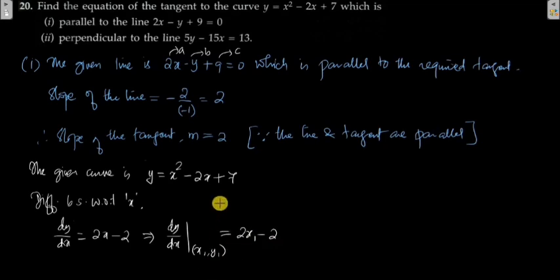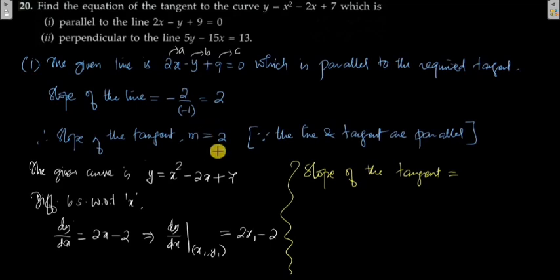Therefore, the slope of the tangent is equal to 2. Now in place of the slope of the tangent, can I write 2x1 minus 2?